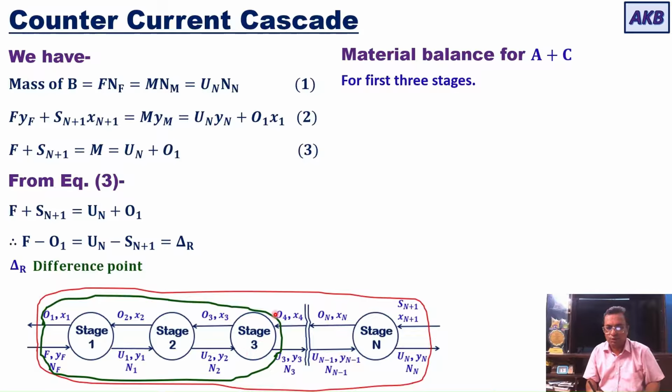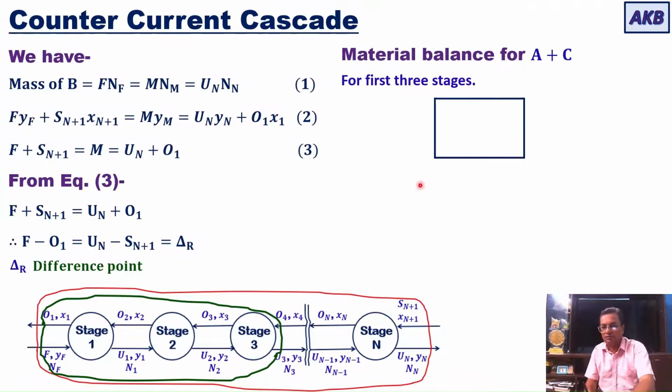If you show it with the help of a block diagram, with the block containing the first 3 stages, then one stream that enters this envelope is the feed stream. The other stream that enters the green envelope is the overflow coming from stage number 4. And one stream that comes out of this envelope is the underflow that comes out from stage number 3.